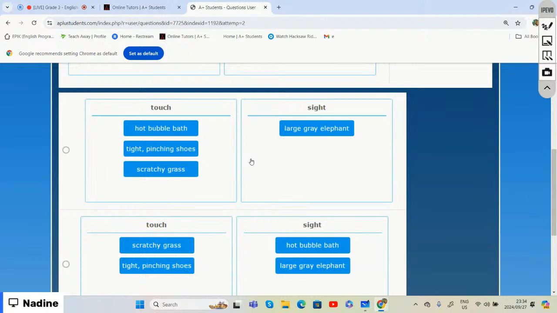Or is it option two: scratchy grass, tight pinching shoes, which is under touch, whereas under sight is a hot bubble bath, a large gray elephant?